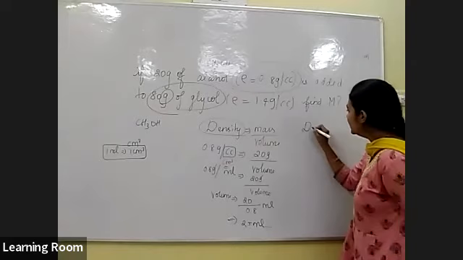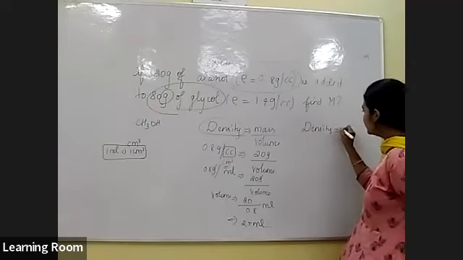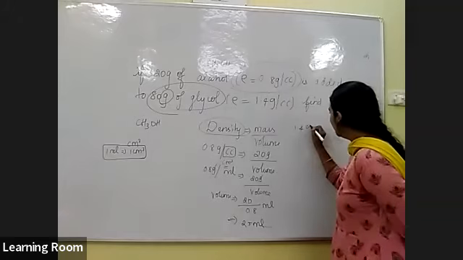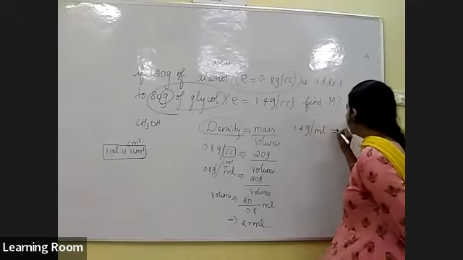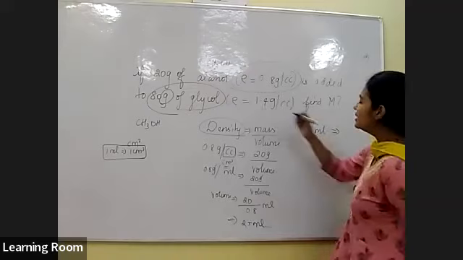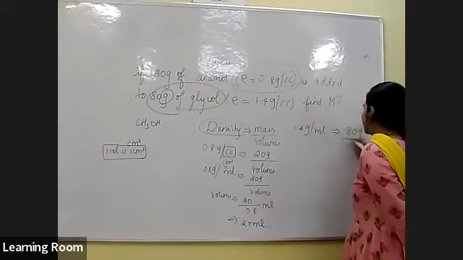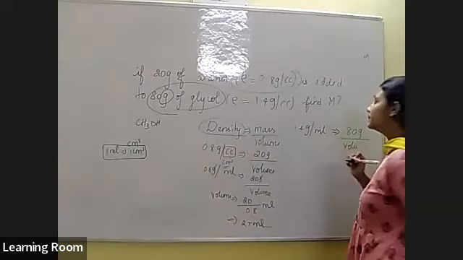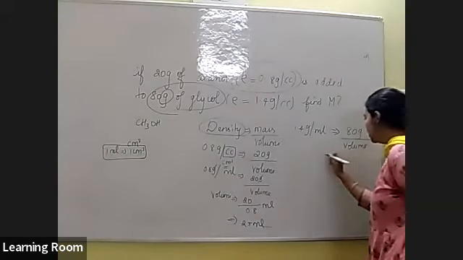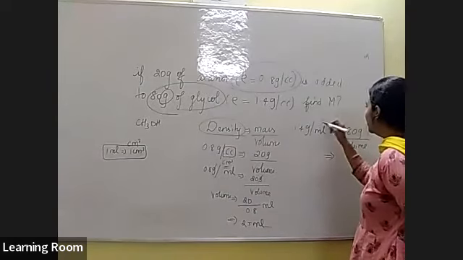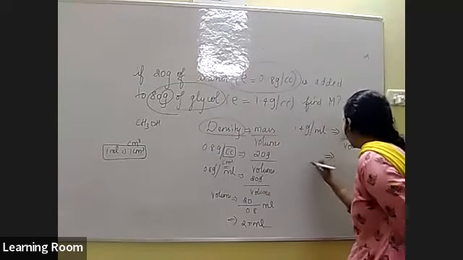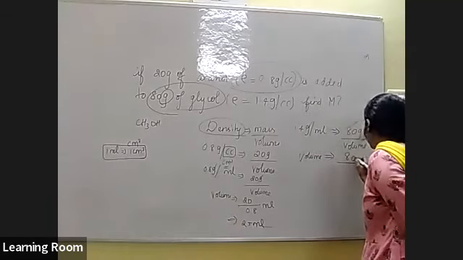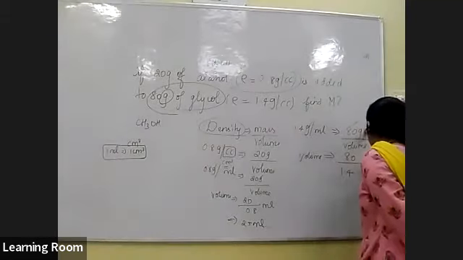Density is again mass by volume. Here the density is 1.4, right? So 1.4 gram per milliliter is equal to mass 80 divided by volume. Your gram and gram will get cancelled. So volume is equal to 80 divided by 1.4 milliliter.